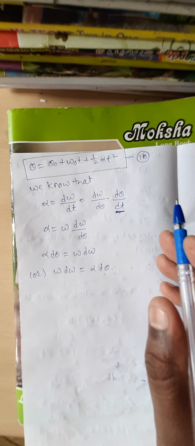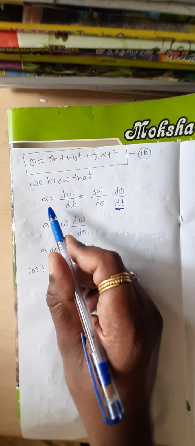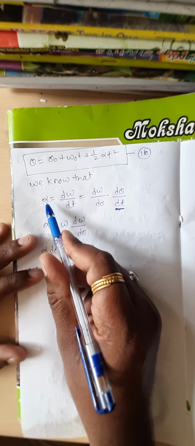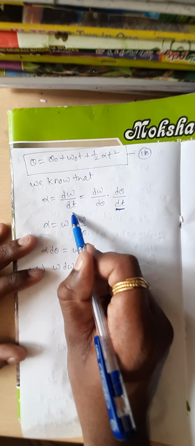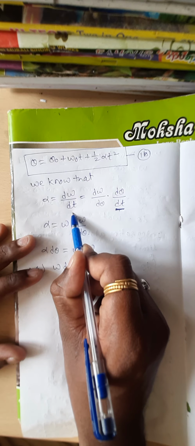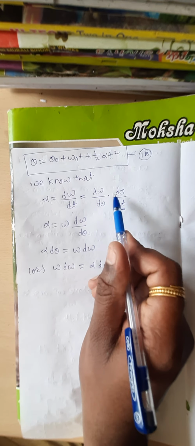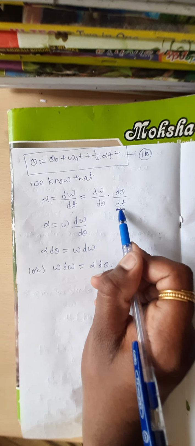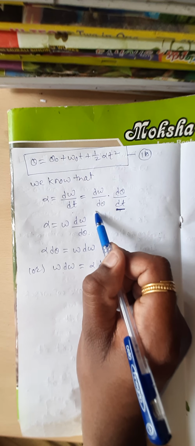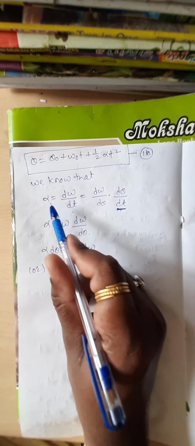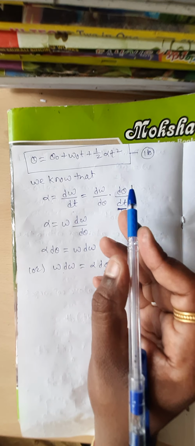We know that by definition angular acceleration alpha is equal to d omega by dt. Multiplying numerator and denominator by d theta, we get d omega by d theta into d theta by dt. D theta cancels, giving d omega by dt as it is.